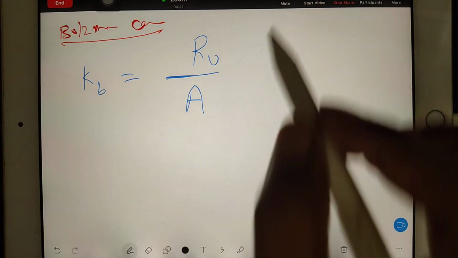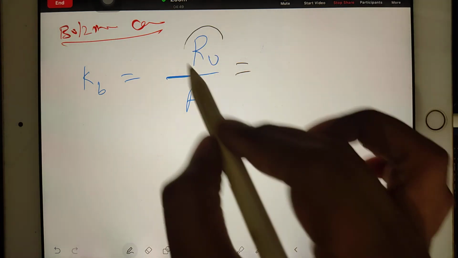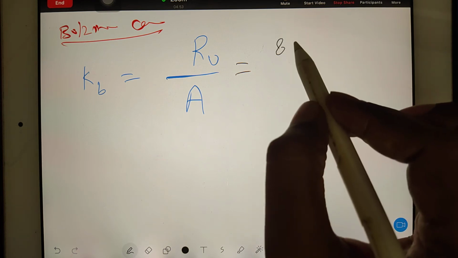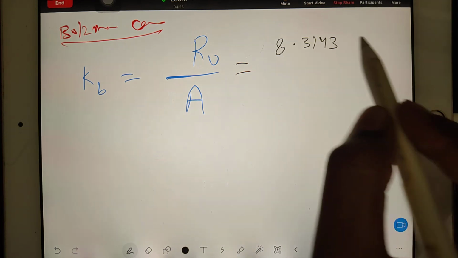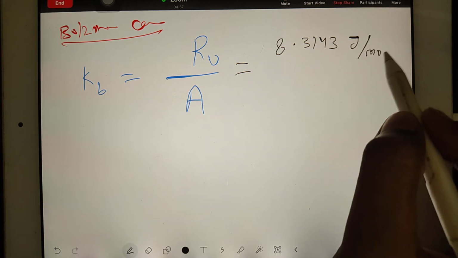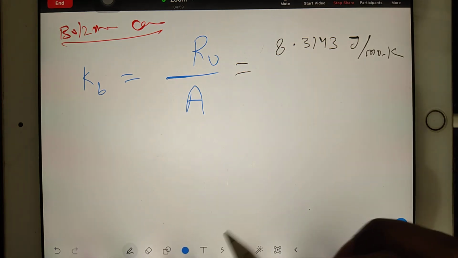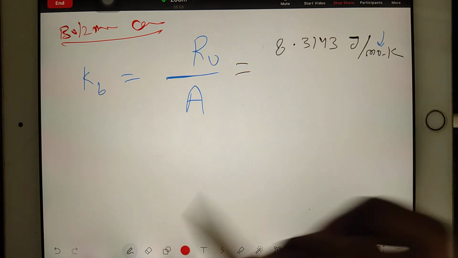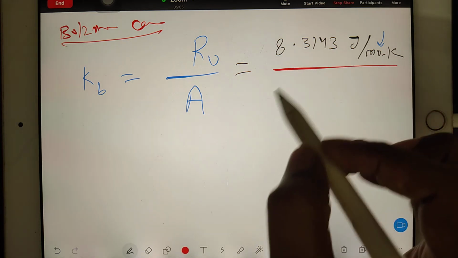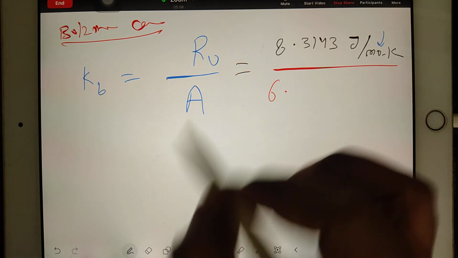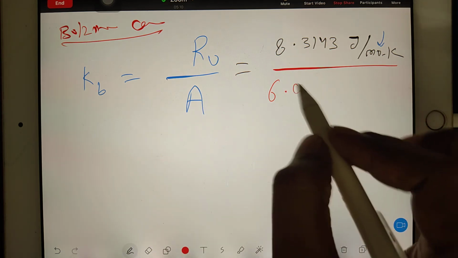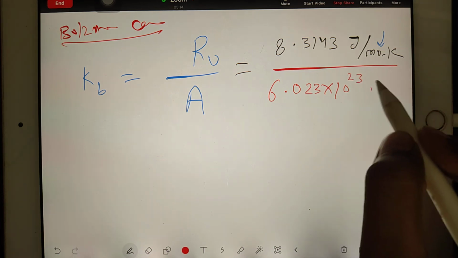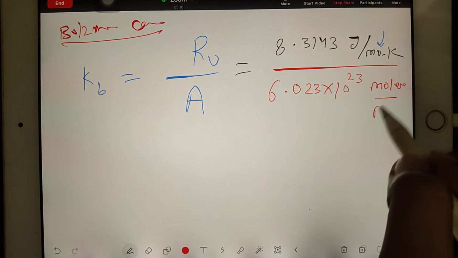Now the point is, what is the R universal value? This is from chemistry of your 11th and 12th class: 8.3143 joule per mole Kelvin. Many students are uncomfortable, sir, what is mole? Right now is not the time to discuss mole, just go ahead. Now what is Avogadro number? 6.023 into 10 to the power 23, again molecules per mole.